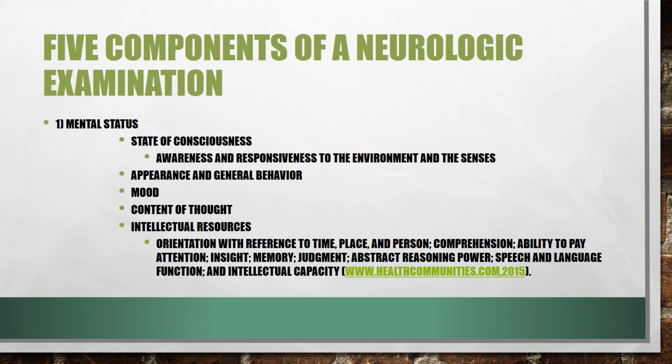Now we're going to discuss the 5 components of a neurological examination. First and foremost, we're going to check his mental status, the state of consciousness, if he's aware and responsive, and knows what's going on around him, the appearance and general behavior, his mood, the content of thought, and the intellectual resources, if he was able to provide us with his health history, and that he knows where he's at, who he is, and roughly the time frame.